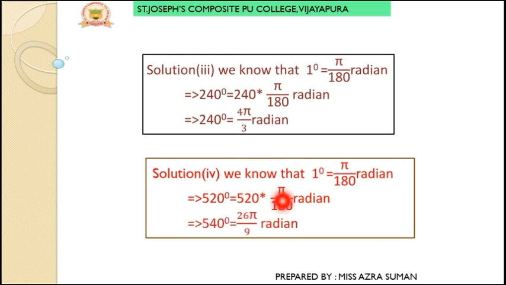On simplifying this, you will get 26 pi by 9 radian, because this 0 cancels, and 2 nines are 18, 2 twos are 52... so it becomes 26 pi by 9 radian. This is the required answer. Therefore, the value for 520 degree is 26 pi by 9 radian.